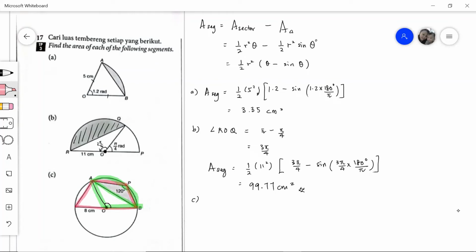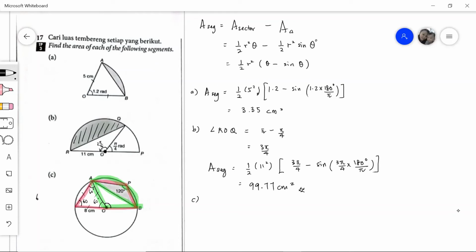Okay, or we can use the angle at the circumference and angle at the center. Both can give us the answer. So if this is 120, the angle opposite will be 60. So if this is 60, this is 60, and definitely we know that this is 60.